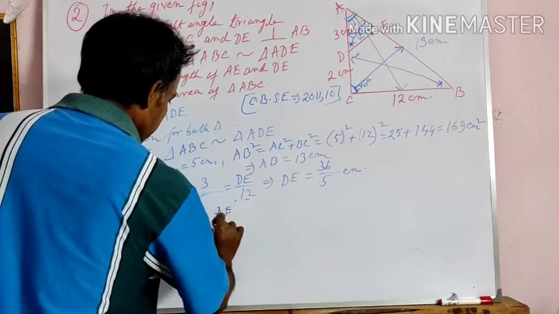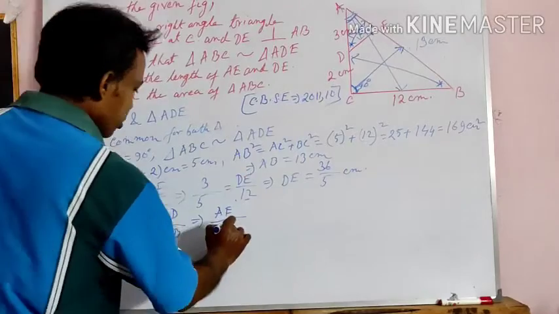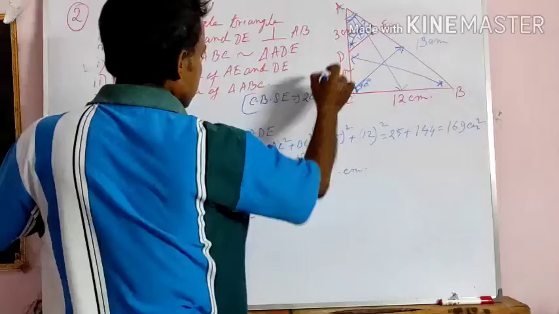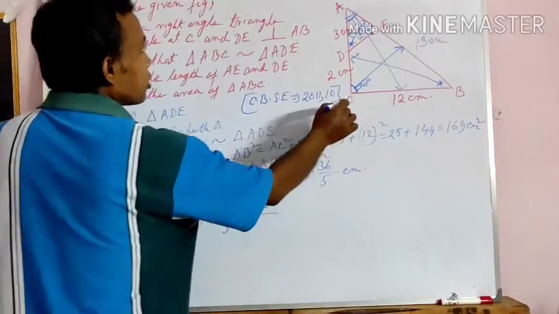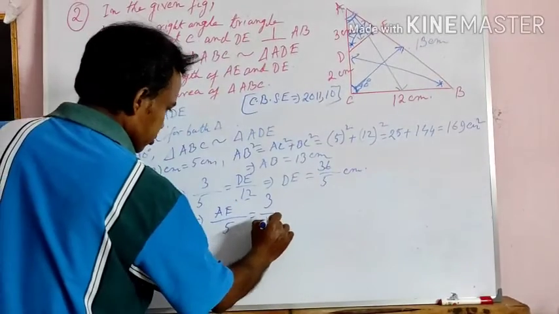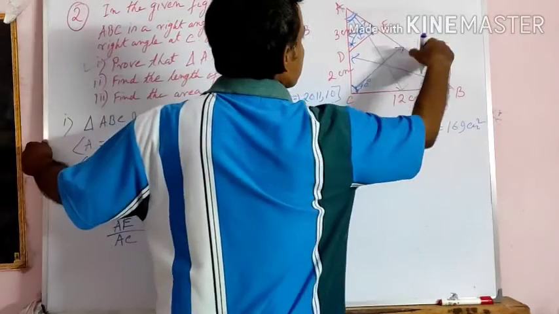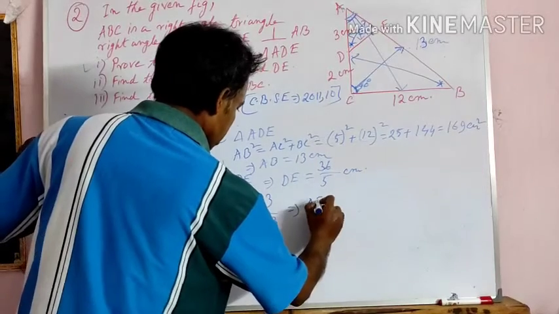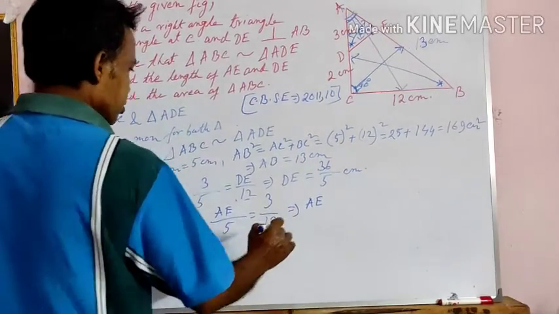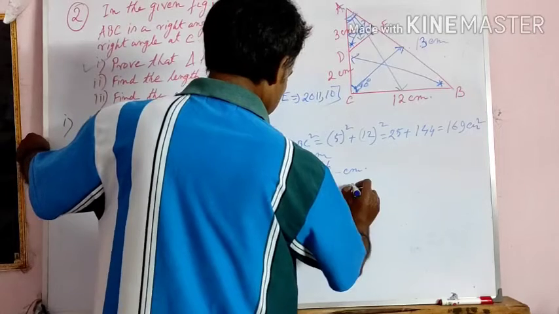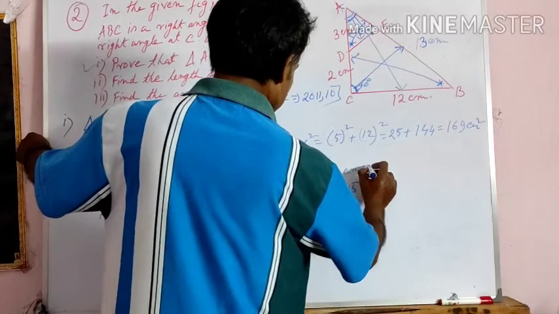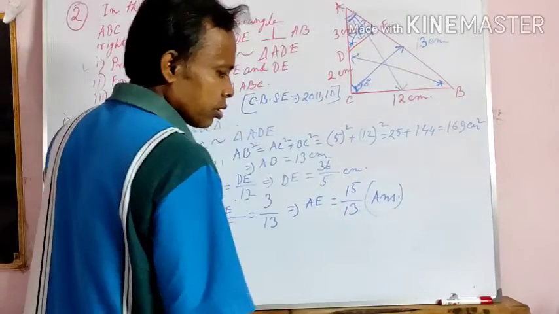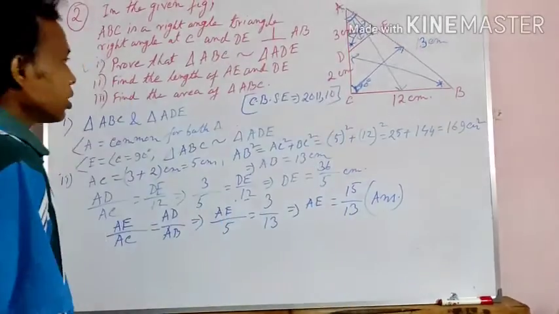You have to find the value of AE, and AC is 5, that is 3 plus 2, AD is given as 3, and AB is 13. So AE is equal to 15 by 13. This is your answer. So a very important question.